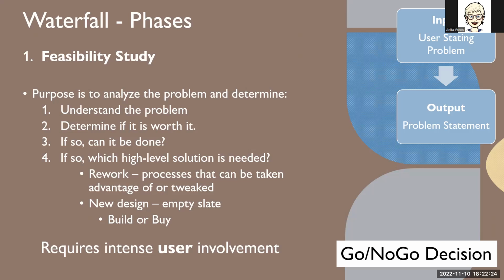Now, deliverables and milestones are outside the scope of this course, but one thing that we do want to know is the deliverable from the previous phase is used as the input for the next phase. So, at the end of the feasibility phase, we start with the user expressing their problem as input, and the output is something called the problem statement.